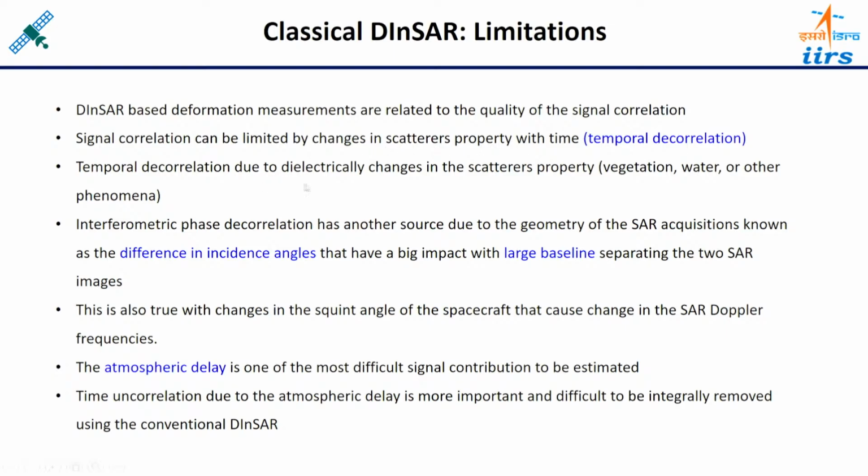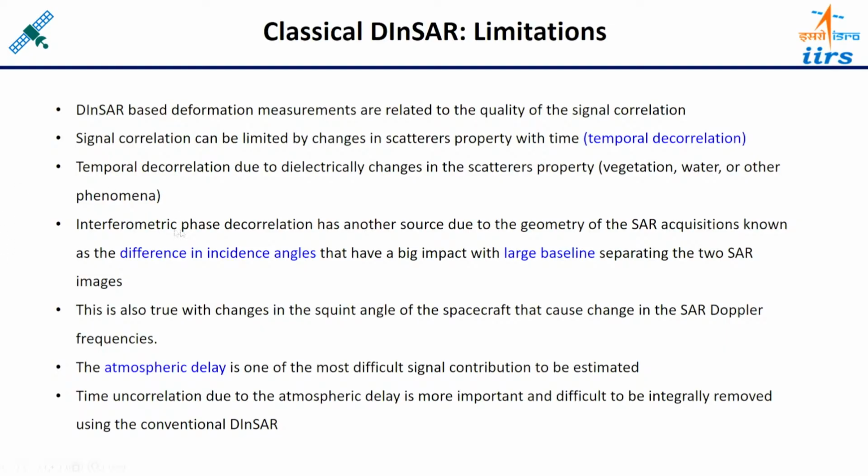Temporal decorrelation is due to dielectric changes in the scatter property, like vegetation, water content, or other phenomena by which the dielectric properties increase, and hence the backscatter information may be high, but that doesn't mean the deformation over that particular area is high.